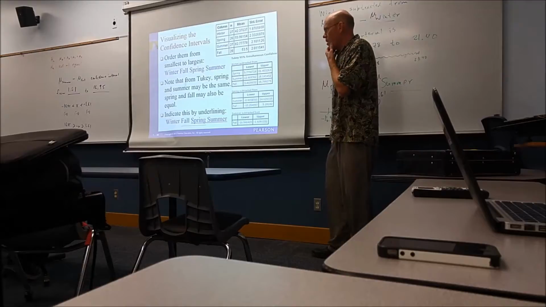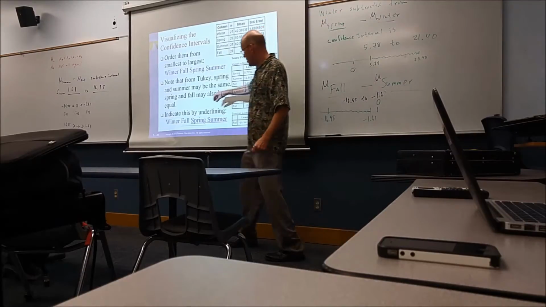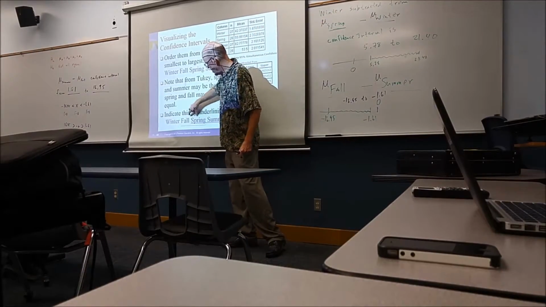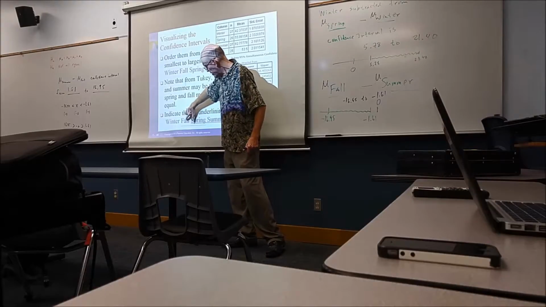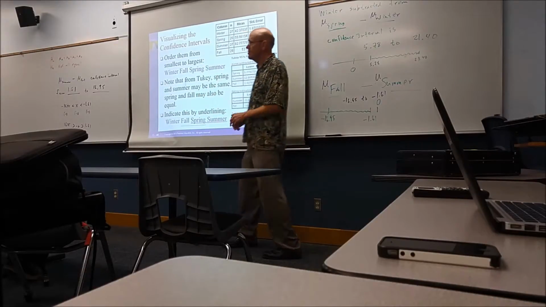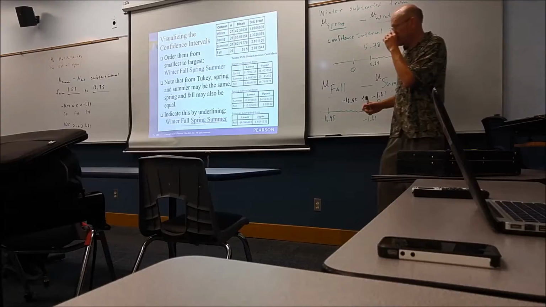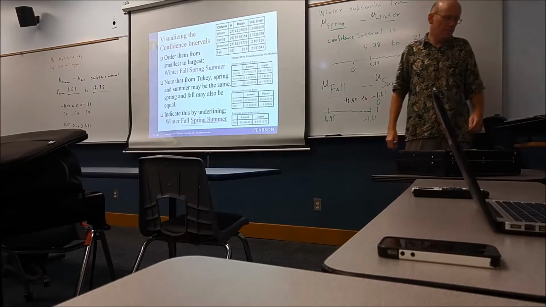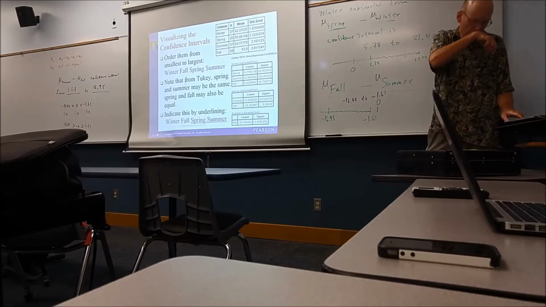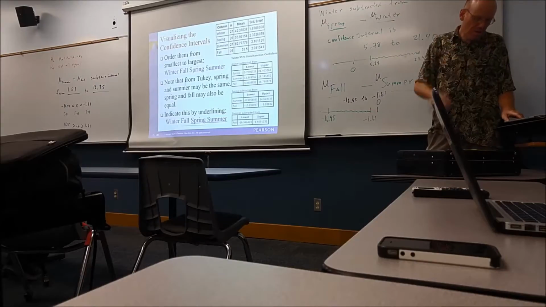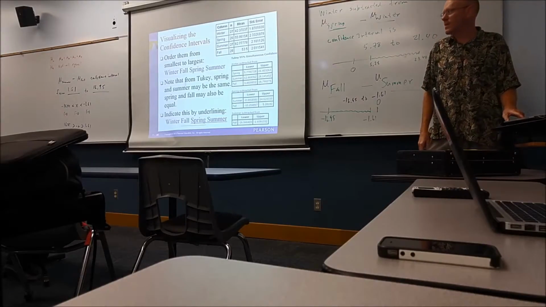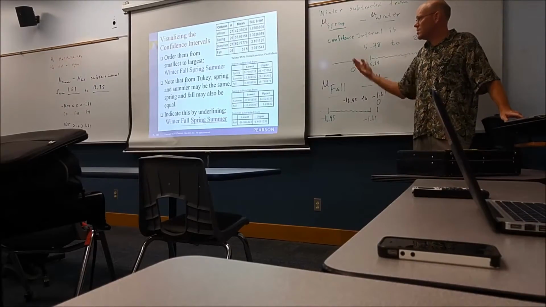I suppose that one of these two is probably not going to be the case then, right? Either that's not equal to that, or that's not equal to that. If fall is not equal to summer, one of those two's got to be the case. But I don't know which one though. Okay, so that's basically how you do it.